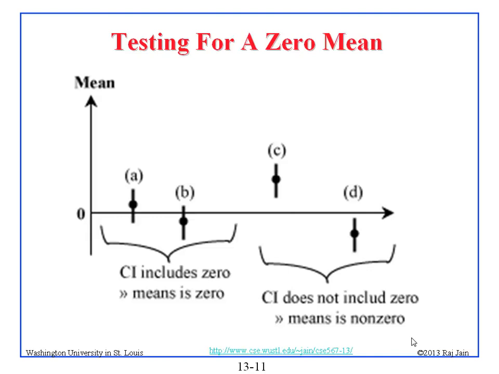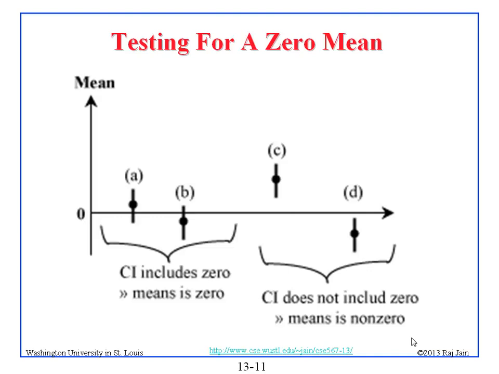If the zero line crosses the confidence interval, that means the population mean could be 0. If the zero line does not cross the confidence interval, then you could be very sure that the population mean is non-zero.